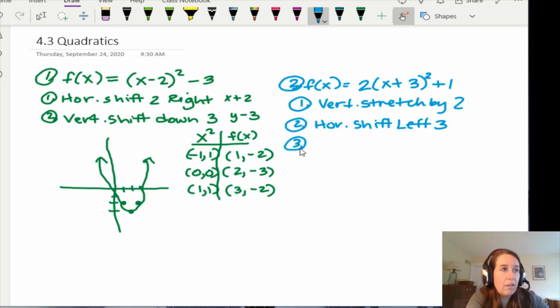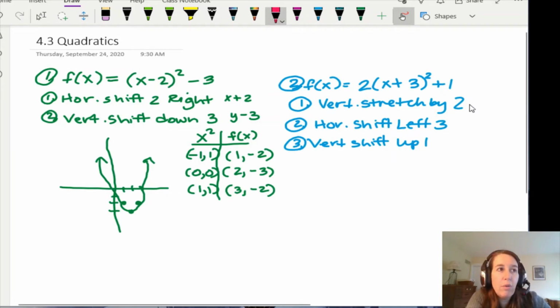And then the plus 1 at the end tells us that's a vertical shift, up 1. Remember when we were doing transformations, this would be in the y's, this would be in the x's. So with the x's, we're going to do x minus 3. And with the y's, we're going to do 2y plus 1.